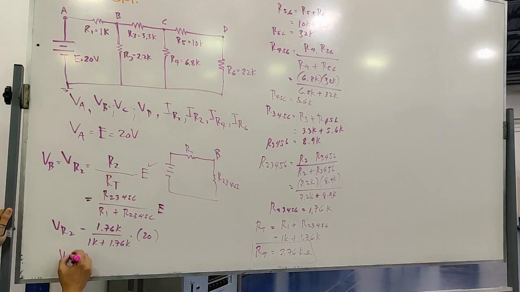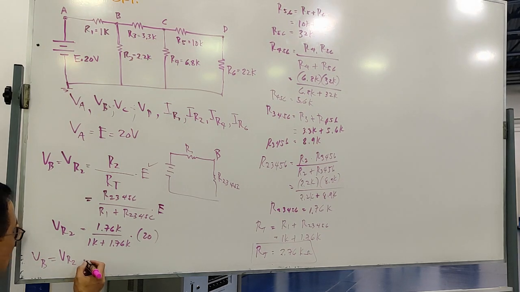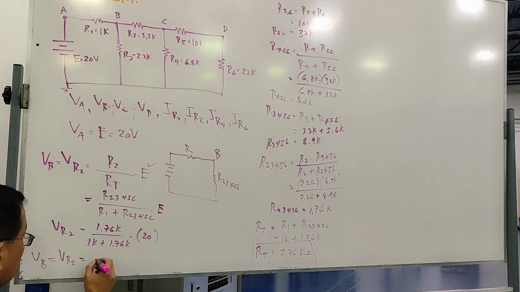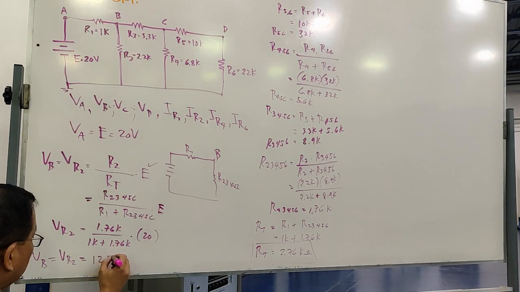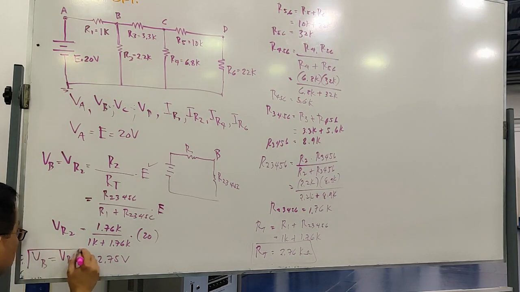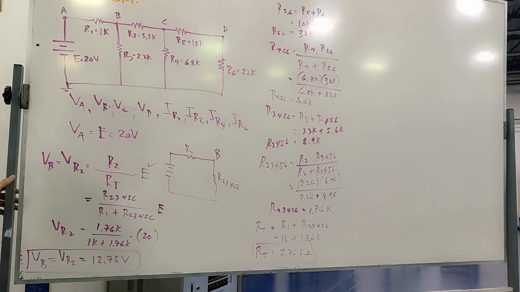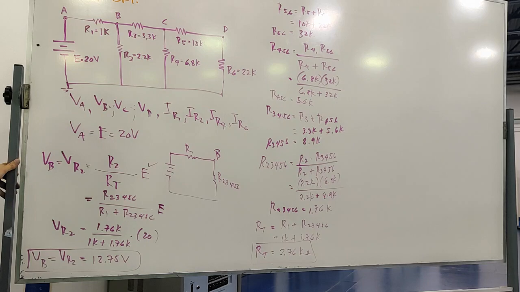That's the real VR2, or the voltage across point B, or node B. We call it node, right? So how much is the value here? 12.75 volt. That's VB.